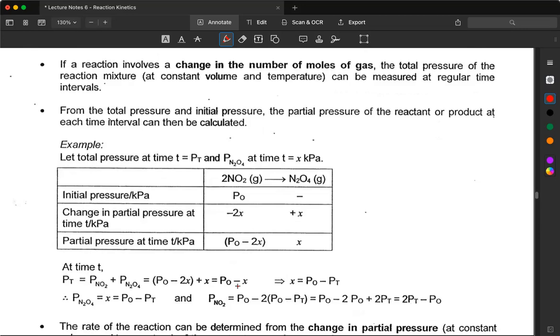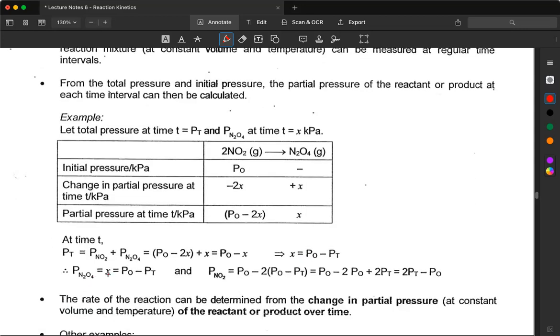So x equals P0 minus PT. Yeah, you shift the equation over here. And P N2O4 is equal to x, which equals P0 minus PT. Okay?